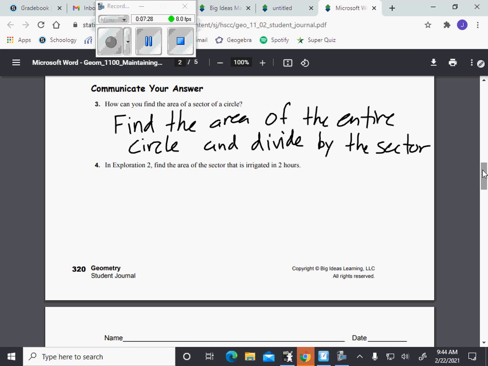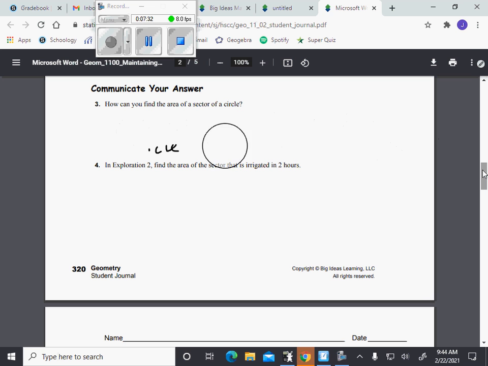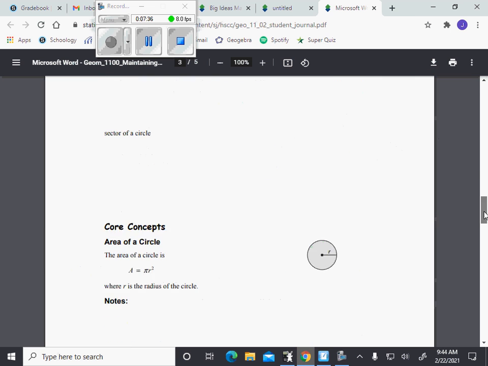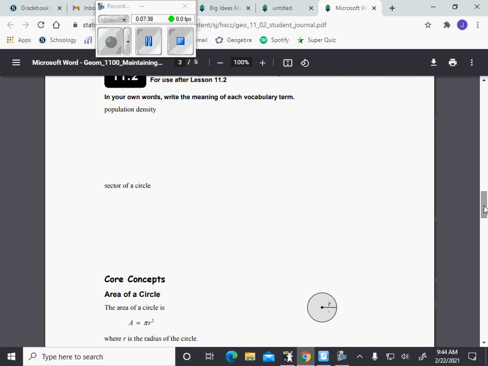Number 4, we're not going to do. That's just some more math on the problem we did above with the irrigation system. Instead, we're going to write a few definitions here. Population density. Pretty easy.